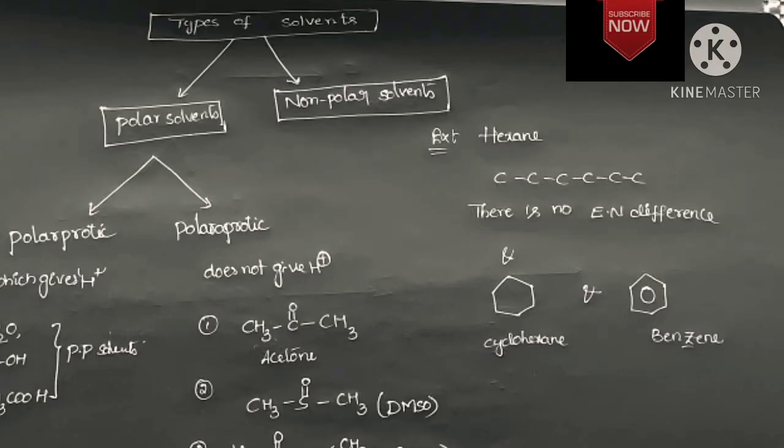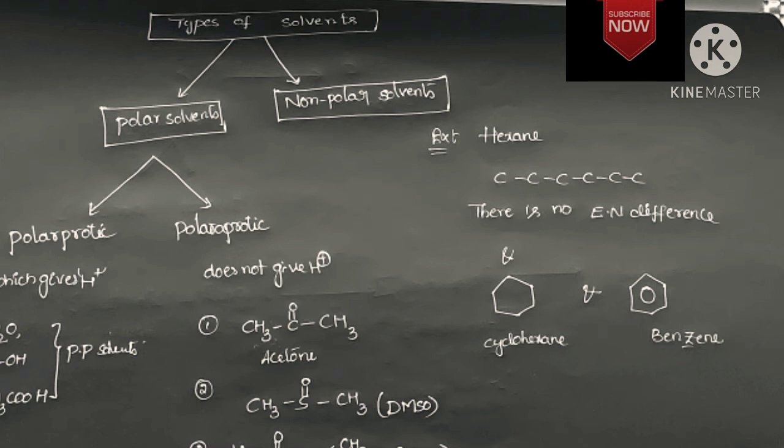I want to discuss the types of solvents, because these are important to understand SN1 and SN2 mechanisms. There are two types of solvents, polar solvents and non-polar solvents. Before we discuss polar solvents, what is a non-polar solvent?